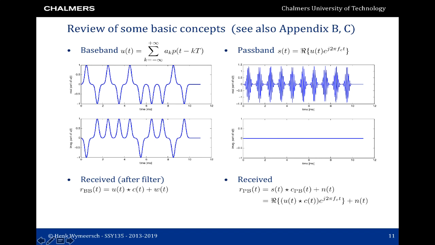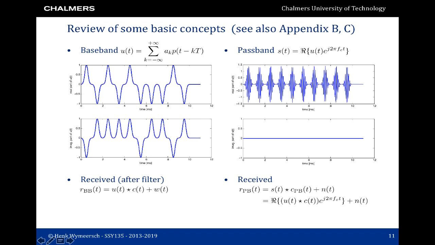Of course, we don't really send complex signals, we send real signals. So this is represented here in passband. The real passband signal is the real part of the complex baseband signal upconverted with the carrier frequency. If you were to visualize it, it would look something like this. We see that the real part has a non-zero value, while the imaginary part is of course zero because of the real operator.